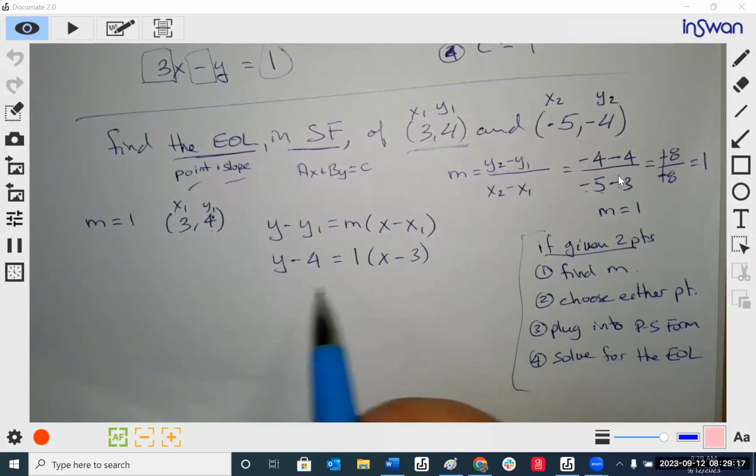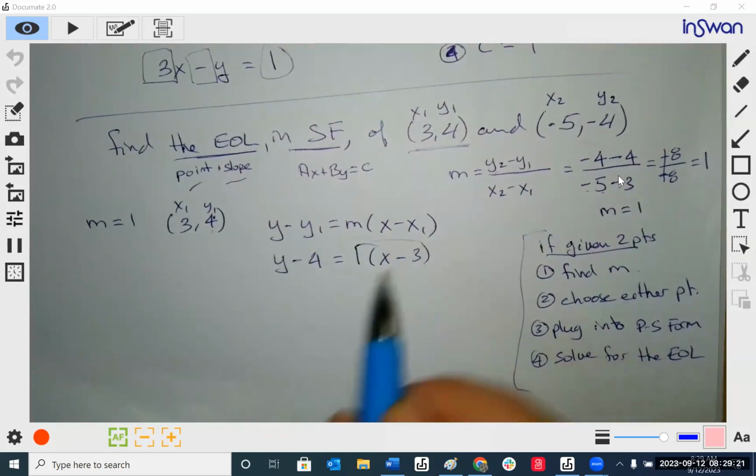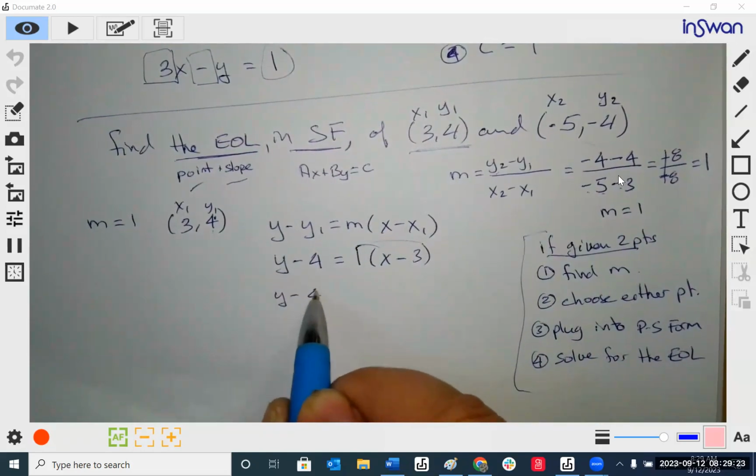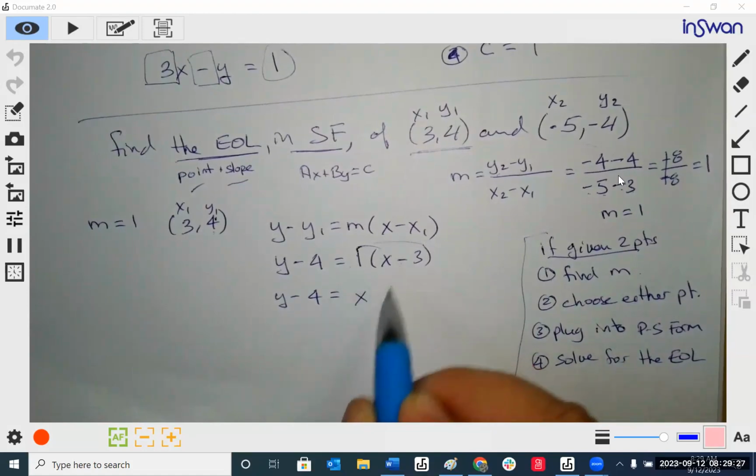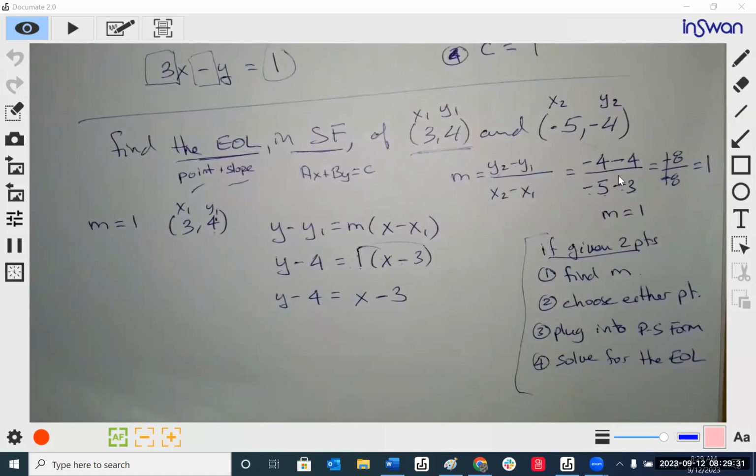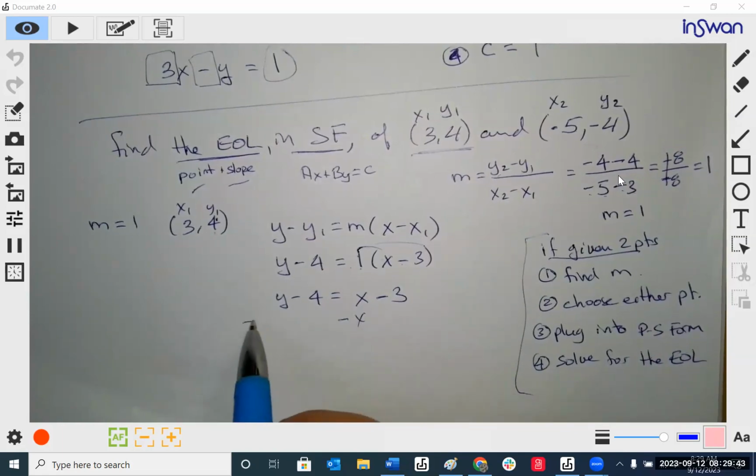First thing you have to do is get rid of the parentheses. One times x is x, positive times negative is negative, 1 times 3 is 3. What do you move now? We got to move the x to the other side, yes.